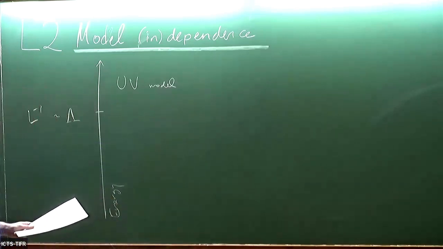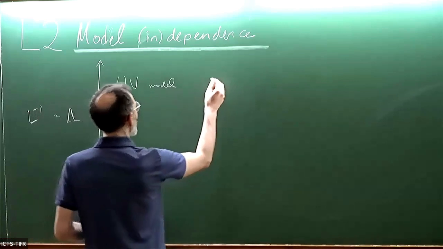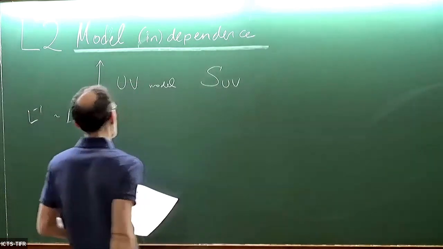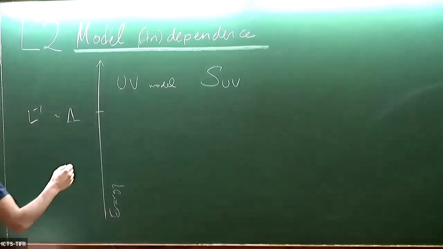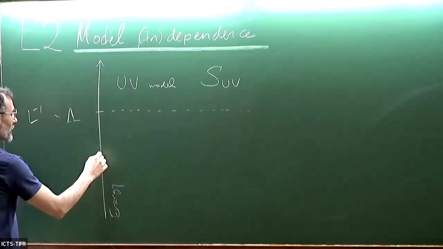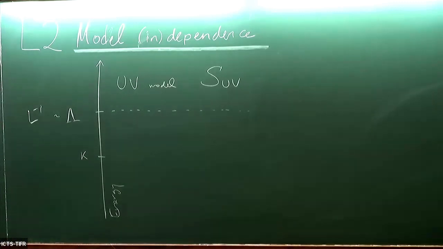I will characterize it by the action, the four-space integral of the Lagrangian density. And we'll call that S_UV. And below that scale, at typical energies k, remember natural units, so momentum equals energy, is where our EFT lives.